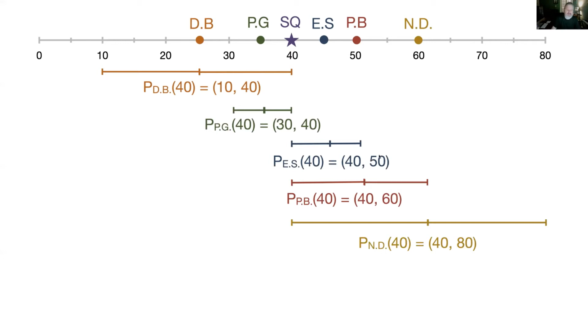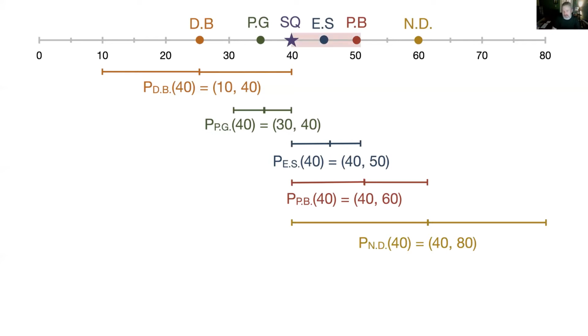But Elliott Smith does not strictly prefer 50 to 40. He is indifferent. So we don't know what he would do if it came to a vote. And we're looking for the things that would definitely win in majority rule. It's called the win set, the set of things that would win for majority rule. So the majority rule win set is everything between 40 and 50, all right? But not 40.